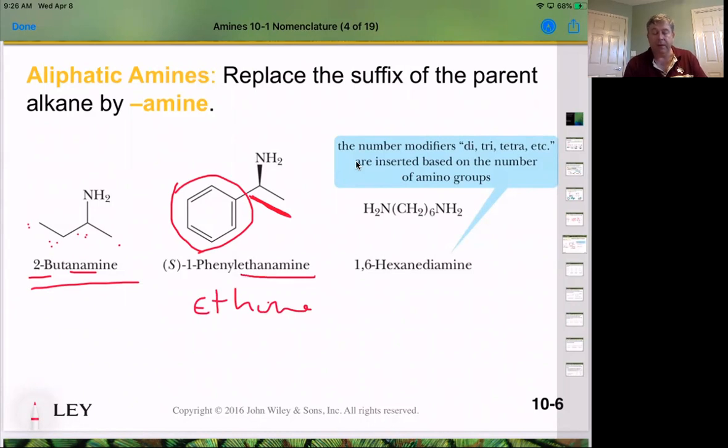And then we have to figure out our shortest numbering here. So it'd be 1 and 2, since those are our 2 there. Therefore, the amine is on the first carbon and the phenyl group is on the first carbon. If it's on the first carbon, just like with an alcohol, we don't have to specify where it is. So we have ethanamine is the compound we have, but we have the phenyl substituent on that 1 carbon too. So we have 1-phenyl substituent.